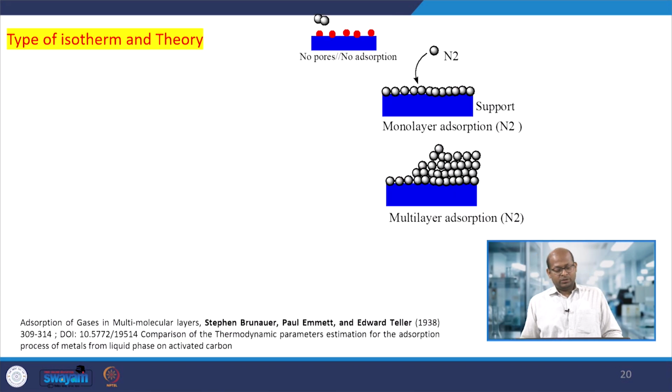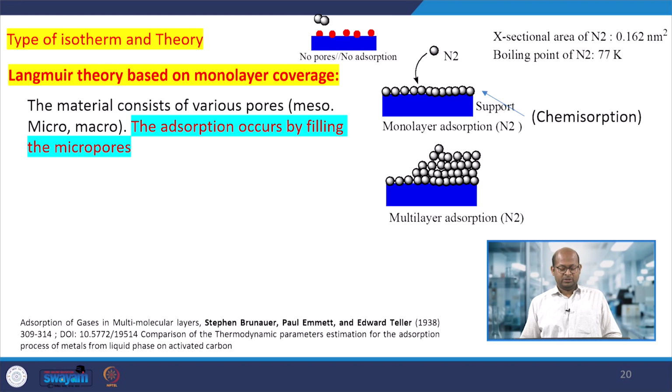Here, the Langmuir isotherms, I said, are based on monolayer coverage. Here the nitrogen molecules completely cover one monolayer, or single layer, of nitrogen that gets adsorbed.